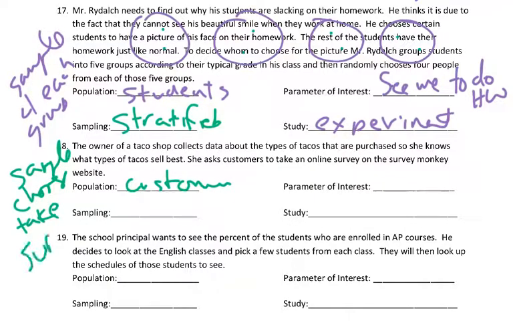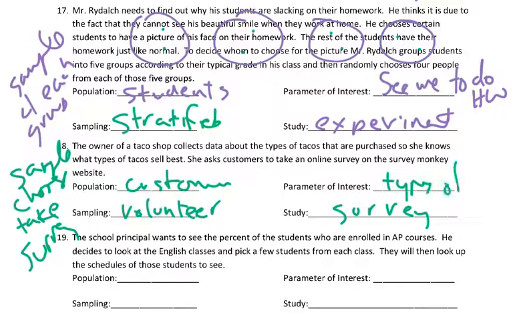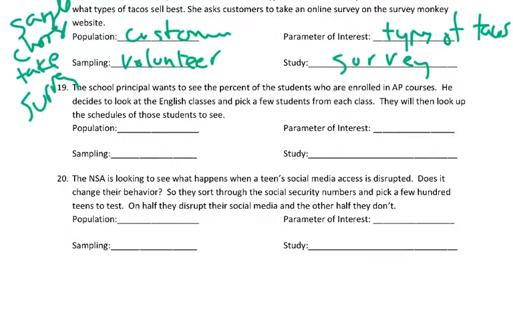Obviously the study is a survey, and she asks them to take the survey, so it's not a convenience, it's a volunteer, is what I meant to say. They have to volunteer to take the survey. And her parameter of interest is types of tacos. What kind they like, what kind sells best.